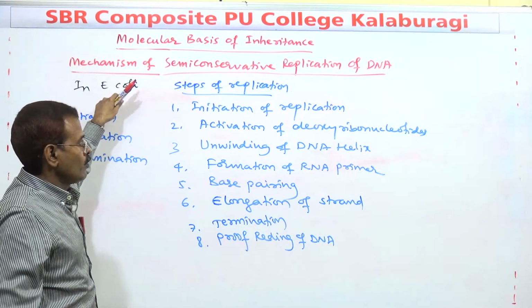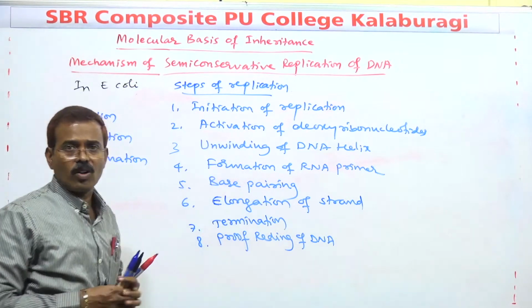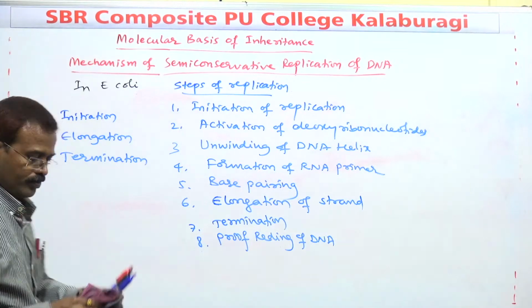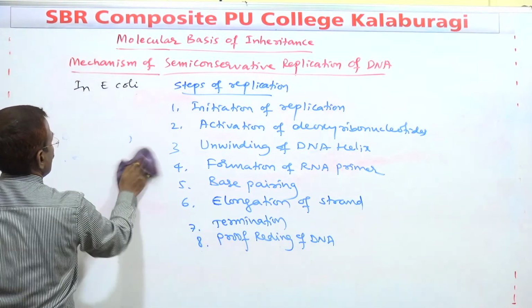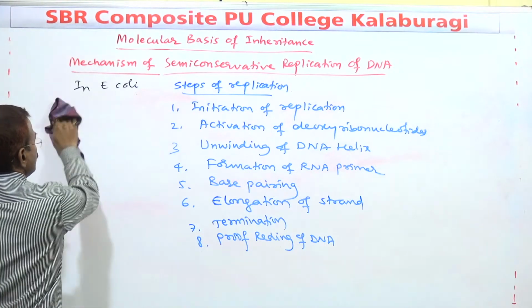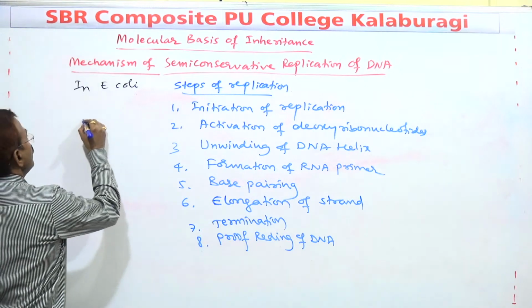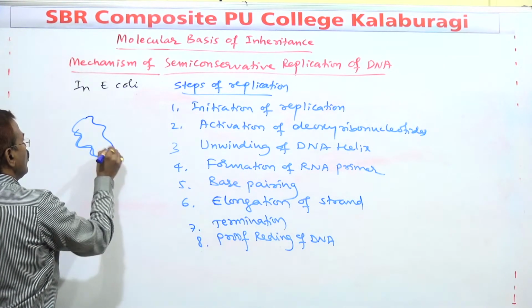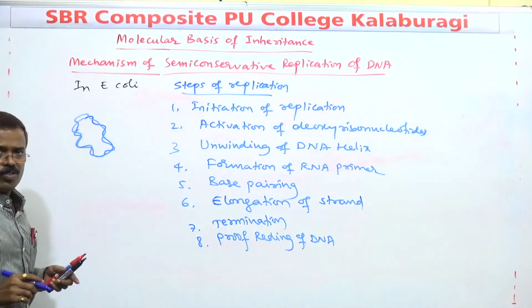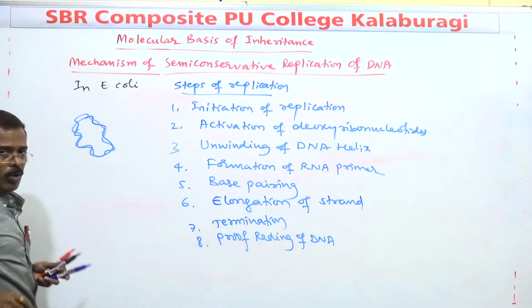Okay, so the first step is initiation of replication. So this is the double-stranded circular DNA in the case of E. coli.